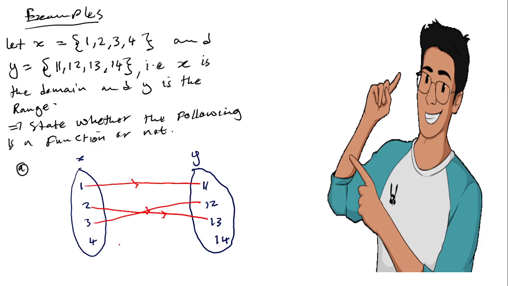A unique range, and every member of the domain, or the input, must have the range, or the output. So guys, if you look at this mapping, do you think this is a function or not a function? Anyone to try?